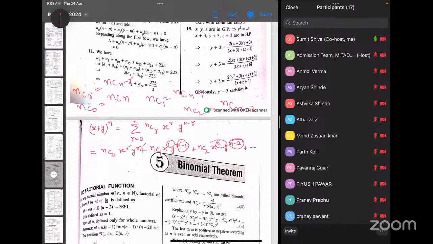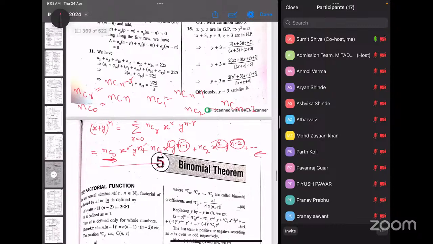The first binomial coefficient from the start and the one from the end have the same value. The second binomial coefficient from the start, nC1, and the second from the end, nC(n minus 1), will also have the same value. This is another property which implies the symmetric behavior of binomial coefficients.